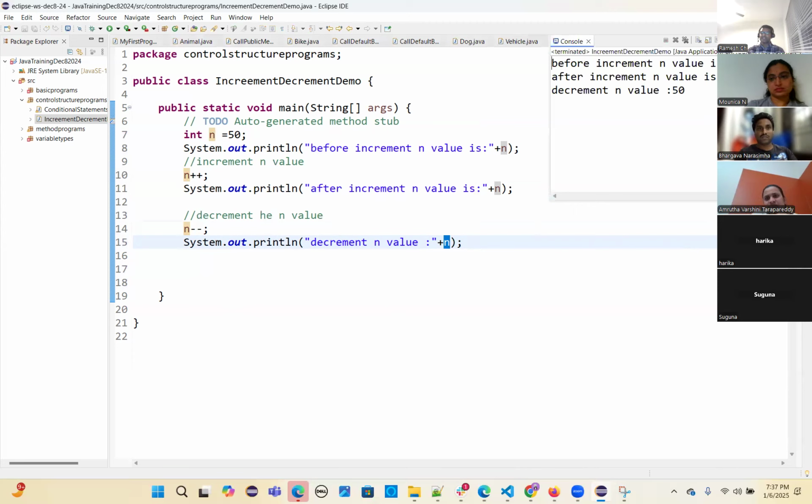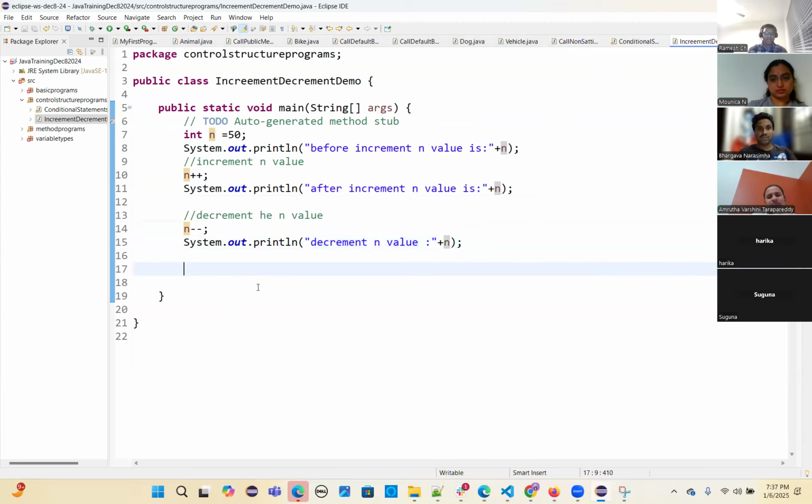This is very important. Sir, I have one question. We can increase only one number? If we use n plus plus or n minus minus, always only one will change.